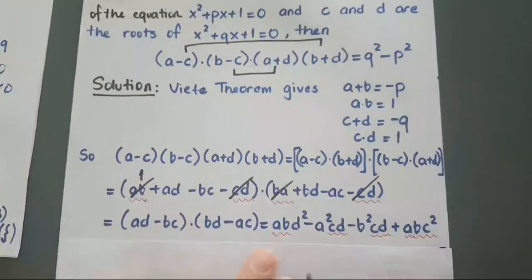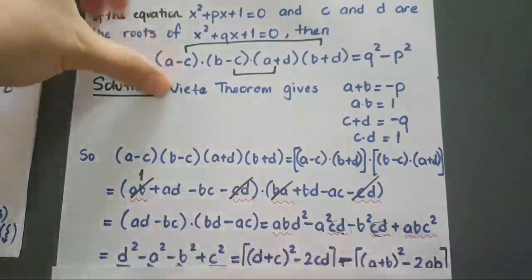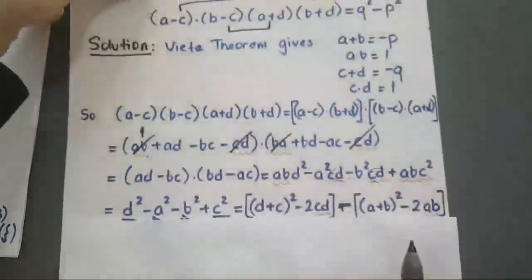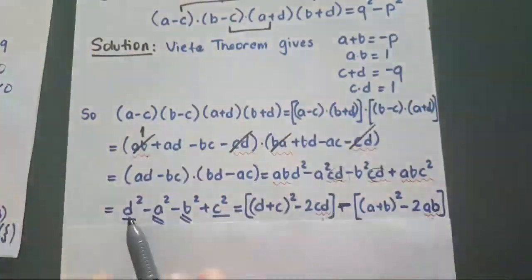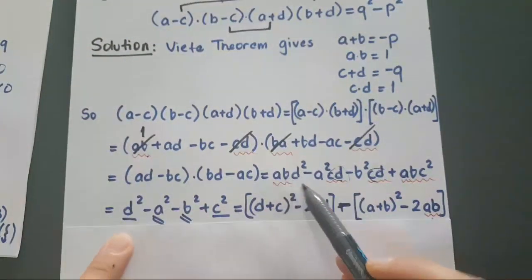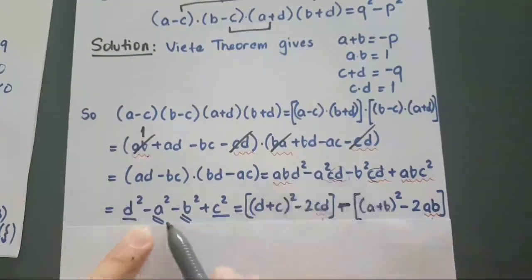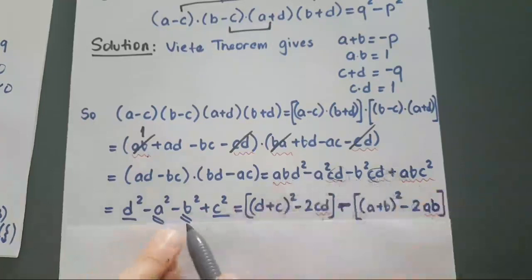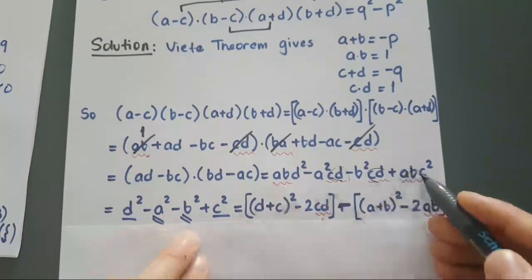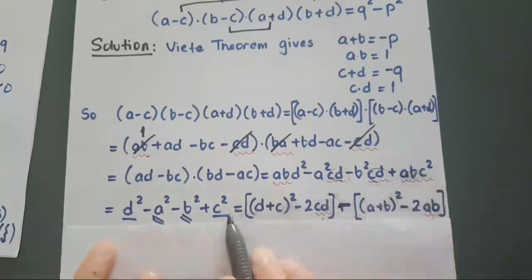Yes, we do. Let's substitute them. Here AB is 1. Here CD is 1. Here CD is 1 and AB is 1. So the expression turns into D squared minus A squared minus B squared plus C squared, because AB is 1. Is that right? Yes, it is.